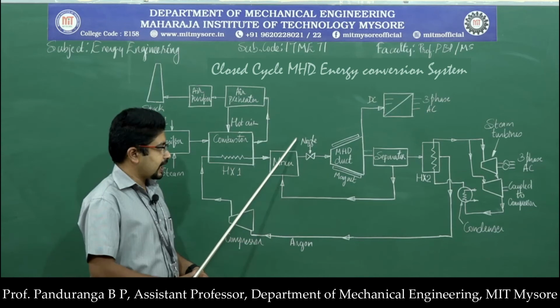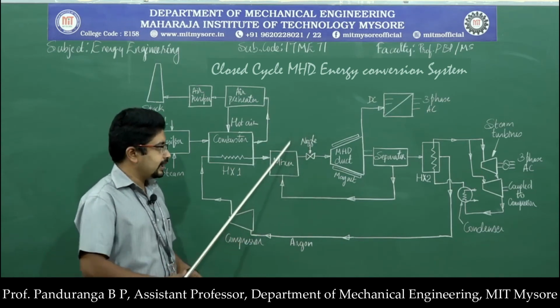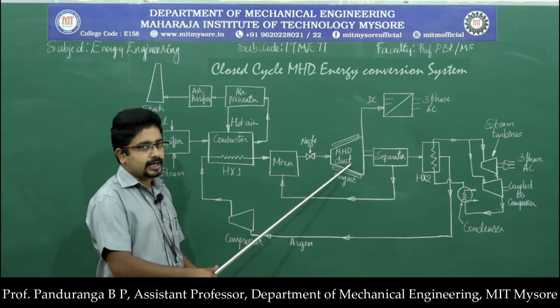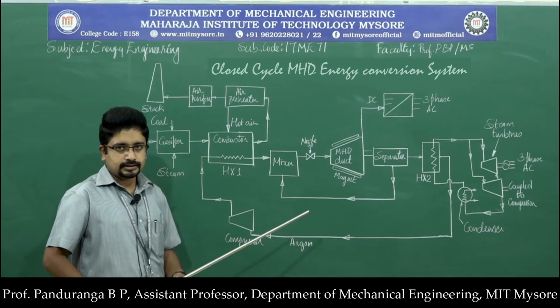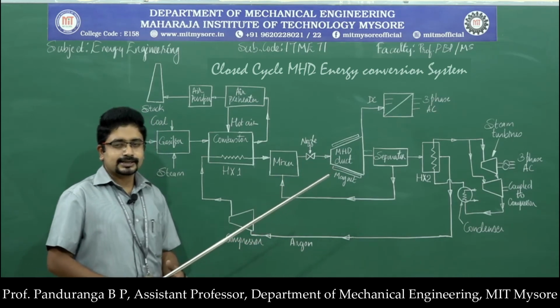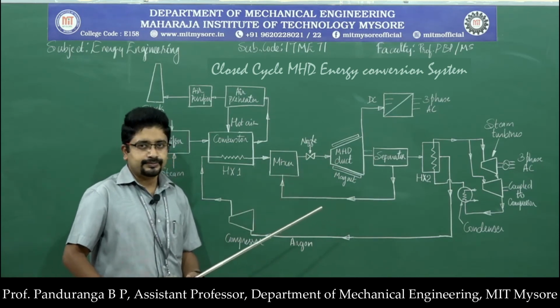For that purpose we have a nozzle here, or a throttle valve is provided at this place, that is between the mixer and the MHD duct. So here the pressure energy of the argon gas gets converted into kinetic energy.